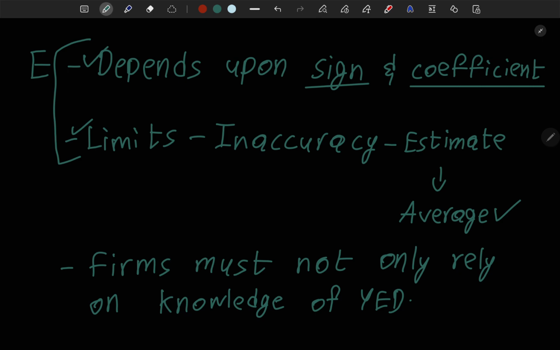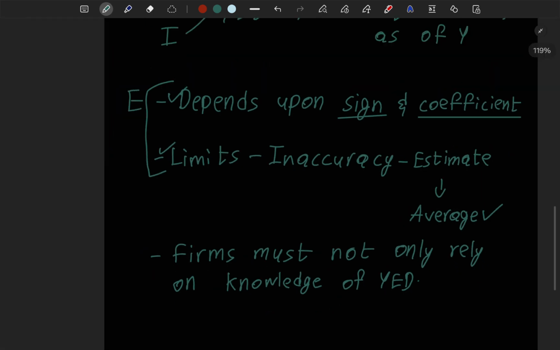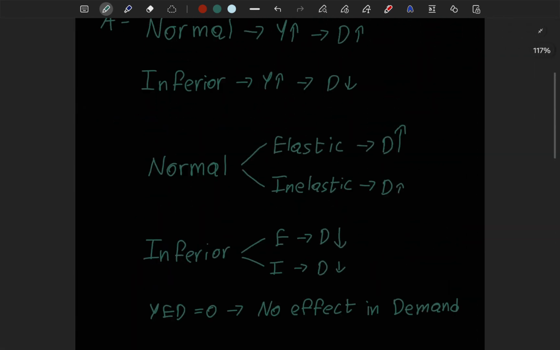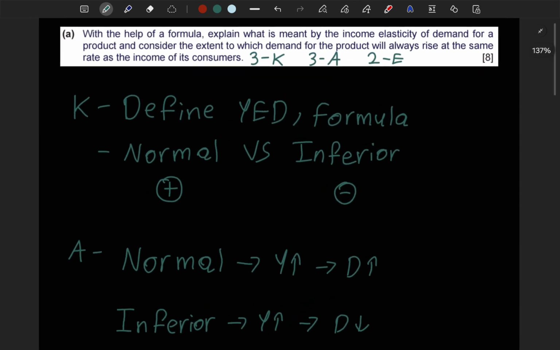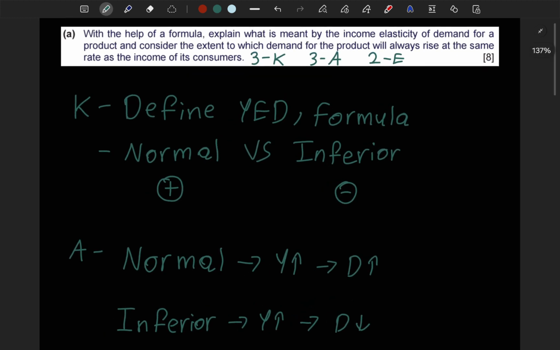So that is it for now. I hope you understood how to write an 8 marks question, and you also understood the marking scheme of this. And for now I cannot give you a sample answer, but I hope you can write it on your own.